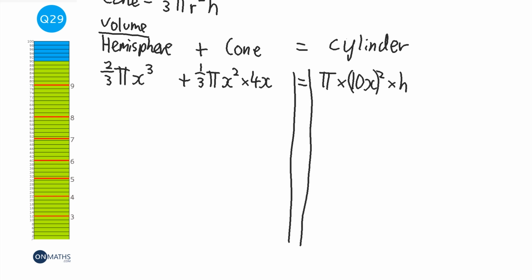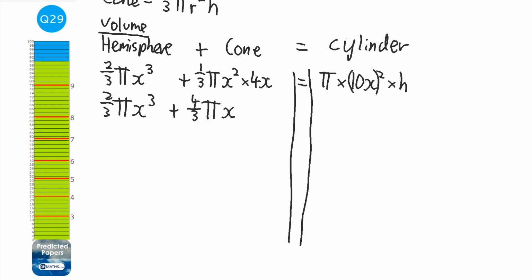I'll put my lines down. So what have we got? Let's sort out the timeses first, and let's tidy this up. That one hasn't got any timeses in it. This one we're timesing by 4, so it's going to be 4/3 pi, and I'm timesing it by x, so that's going to be x cubed. This one I'm doing the 10x squared, so I need to square the 10 and the x, so it's going to be 100, and let's do the pi next, pi, and it's going to be x squared h.